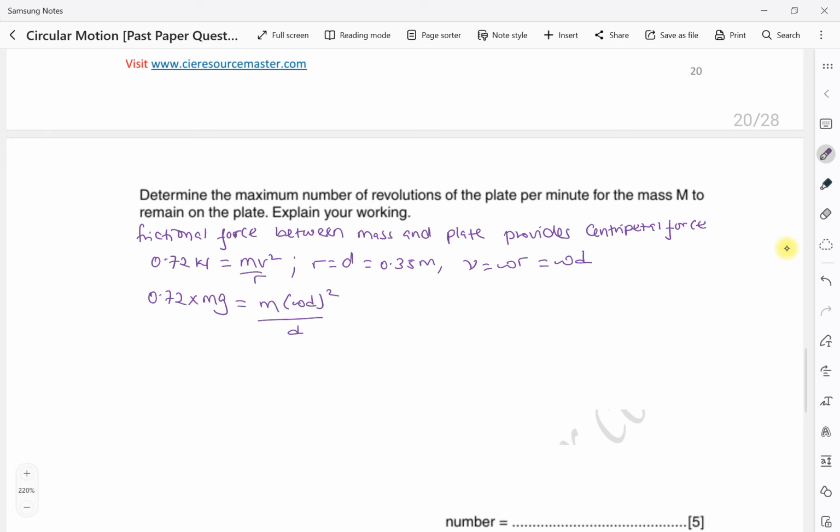When I simplify this further, m cancels out, and one d cancels, so I'm making omega the subject. So omega is going to be equal to the square root of 0.72 times g, which is 9.81, divided by d, which is 0.35.